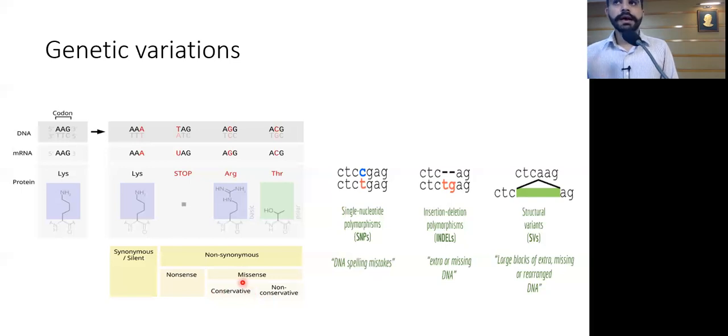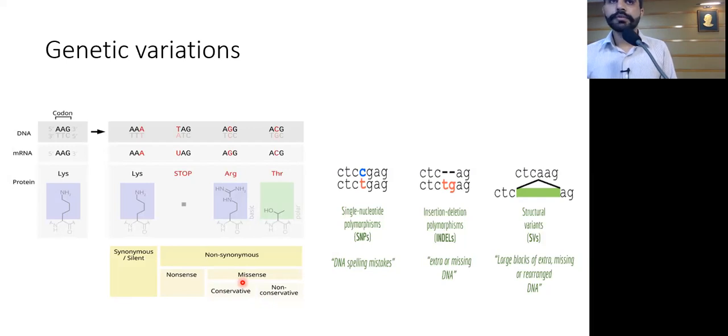Conservative if the amino acid that is being coded after the mutation has similar physicochemical properties. These mutations will have less impact as compared to non-conservative mutations, because in the case of non-conservative mutations, the amino acid that is being encoded is not physicochemically similar to the one that was encoded before the mutation.